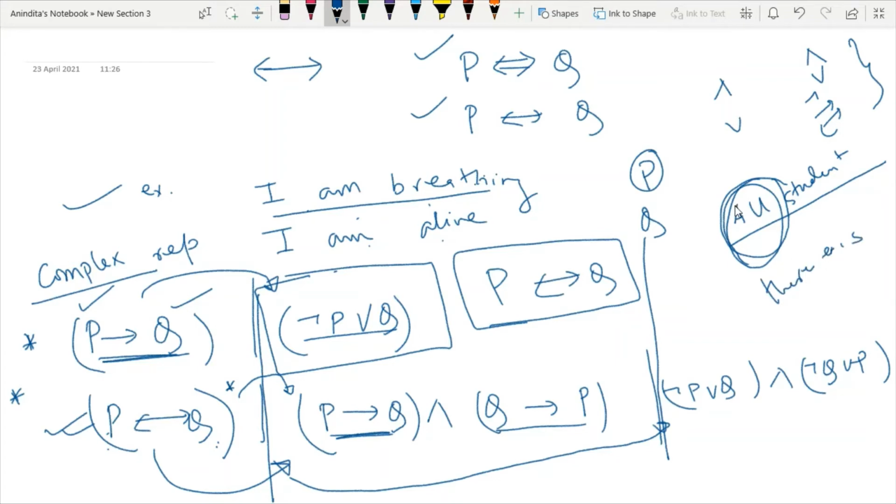My point is this is one of the biggest drawbacks of propositional logic. Whenever you have a sentence that contains quantifiers, all or there exist, these two kinds of activity are not supported in propositional logic. So for that purpose, we have to shift to the next level of representation that is known as predicate logic.